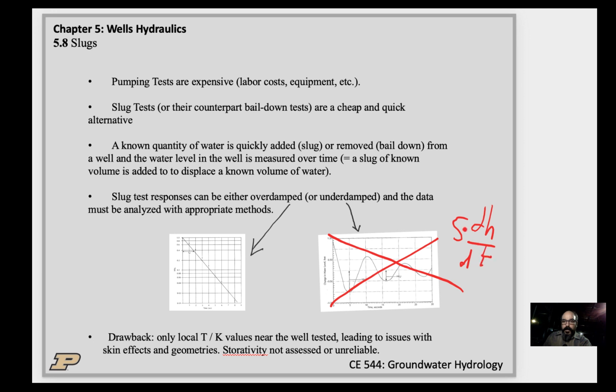You get that S from that unsteady side of the equation, but when we do the slug test, usually we don't have access to the storativity, so that's definitely a drawback for confined aquifers.